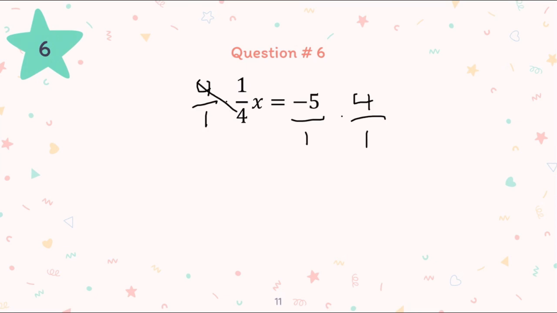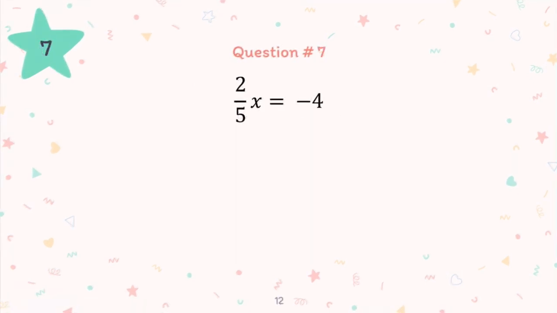And then 4 times 1 is 4, and 1 times 4 is 4, so basically 1 is equal to x, and then 4 divided by 4 is 1, so then 1 is equal to x. So we're just going to write x, and then we're going to solve this equation, which is equal to negative 20, so x is equal to negative 20.